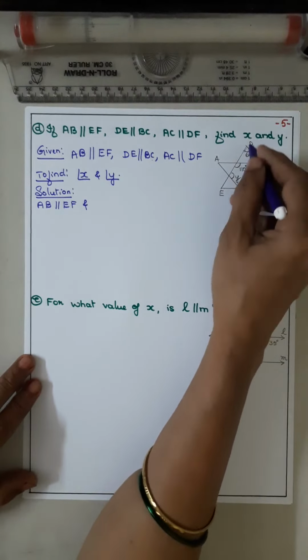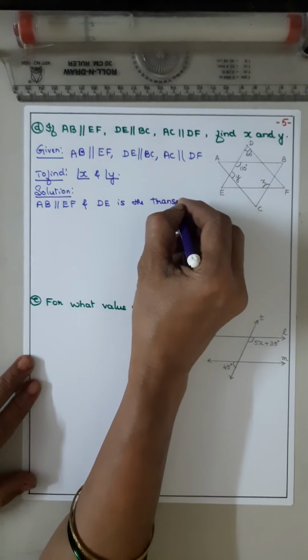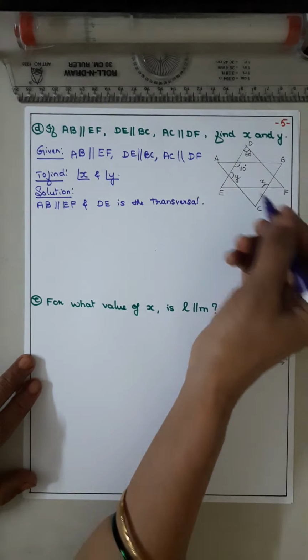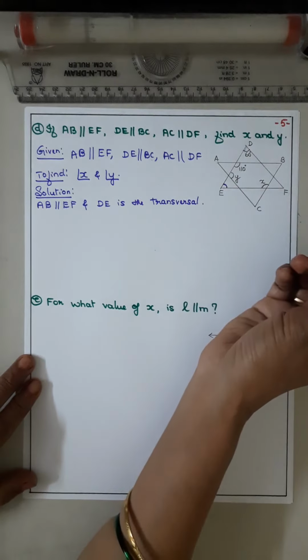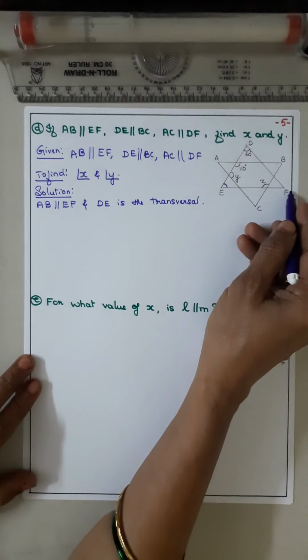Now angle E plus 110, with AB and EF, isn't it?